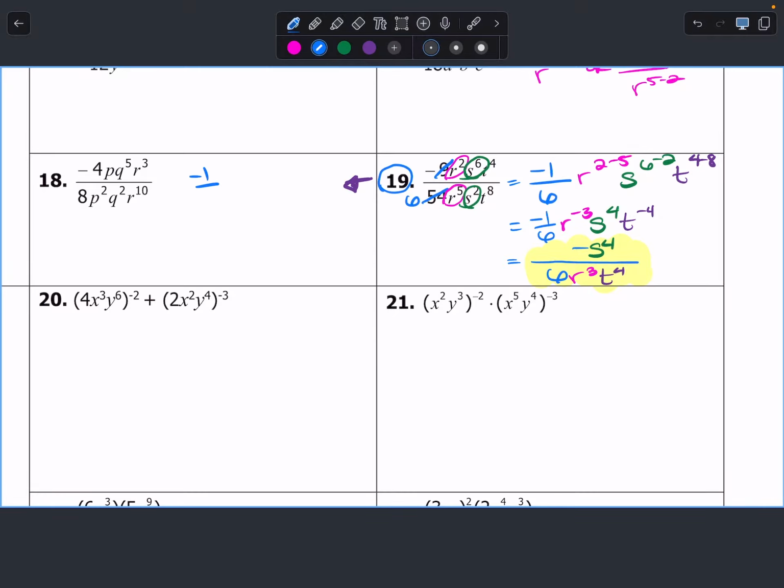I would have had my -1 over 6, right? But if I would have done R to the 5 minus 2, and I would have done S to the 6 minus 2, and then I would have done T to the 8 minus 4, it would have been a lot shorter.